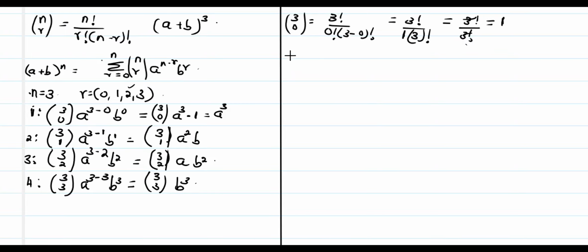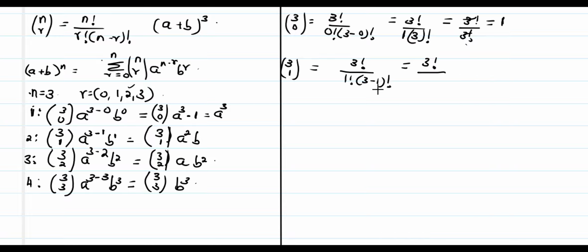So we go to the second one, which was 3C1. Then I follow the same formula. I have 3 factorial over 1 factorial into 3 minus 1 factorial, which becomes 3 factorial over 1 factorial, which is just 1.